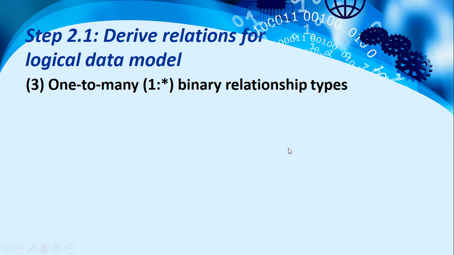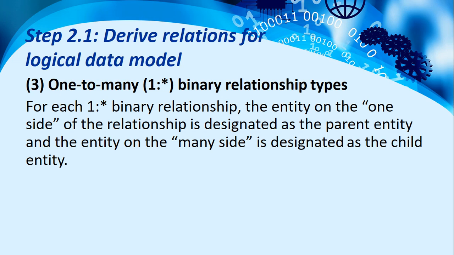Next we have one-to-many binary relationship types. For each one-to-many binary relationship, the entity on the one side is designated as the parent entity, and the entity on the many side is designated as the child entity.